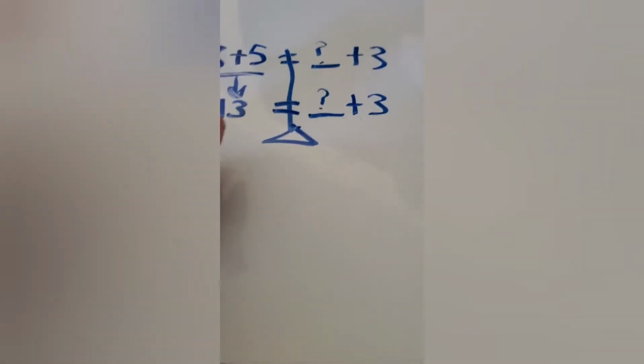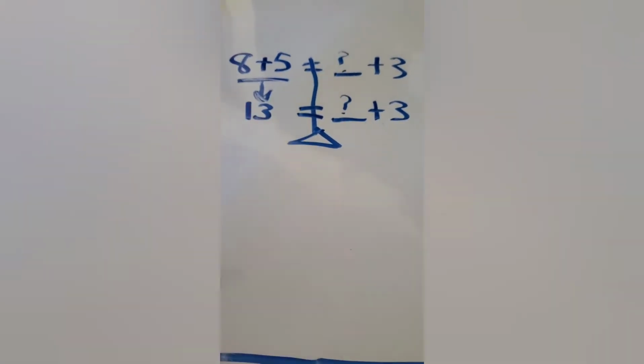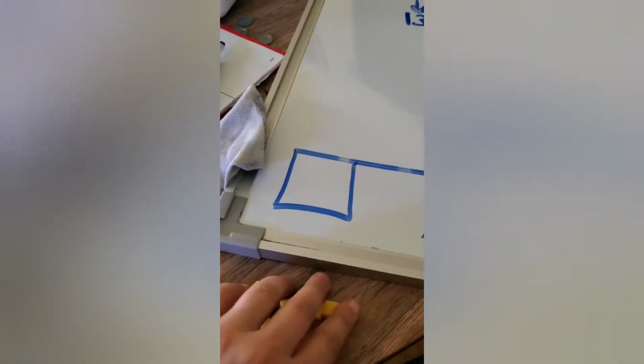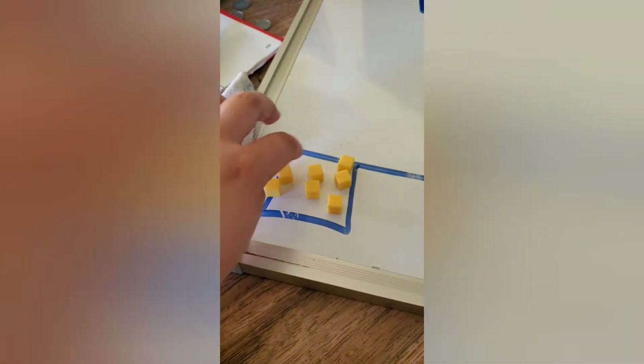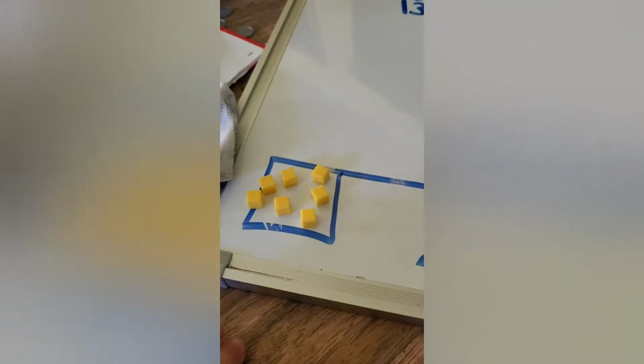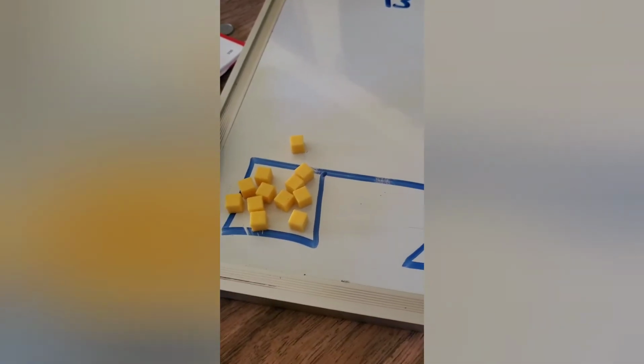So, what should we do? I think we're going to have it down below here, okay? So, 1, 2, 3, 4, 5, 6, 7, 8, 9, 10, 11, 12, 13.